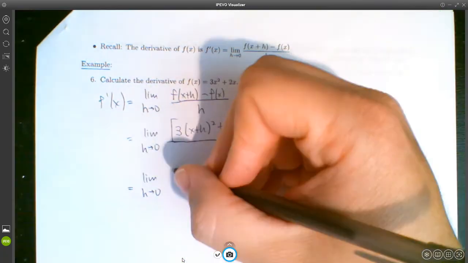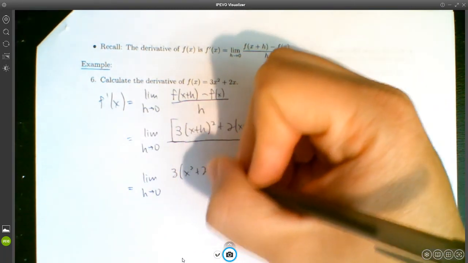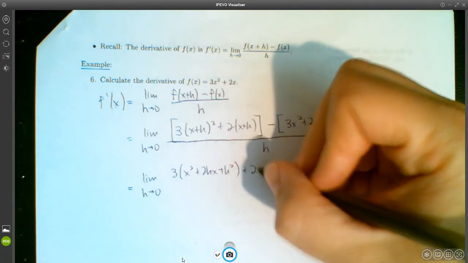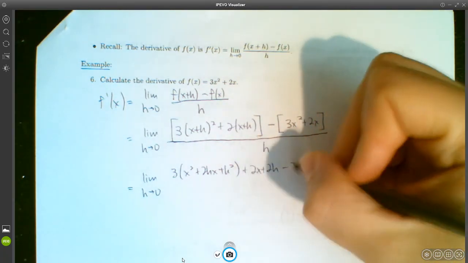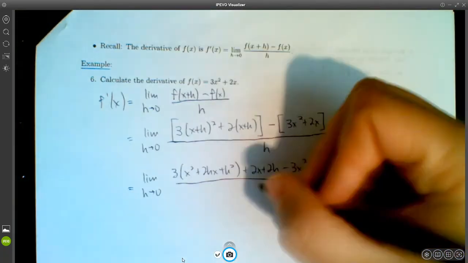So let's expand. We've got 3 times x squared plus 2hx plus h squared, plus 2x plus 2h, minus 3x squared minus 2x, all over h.